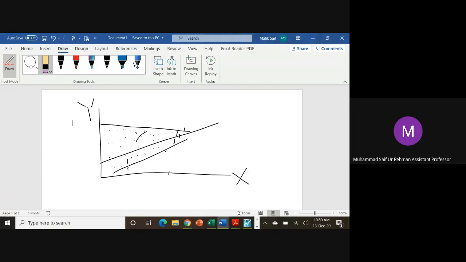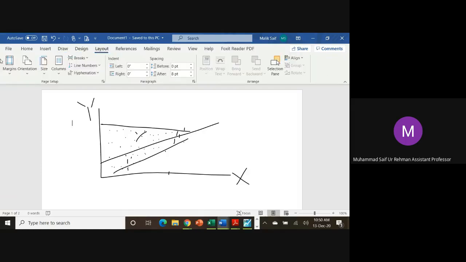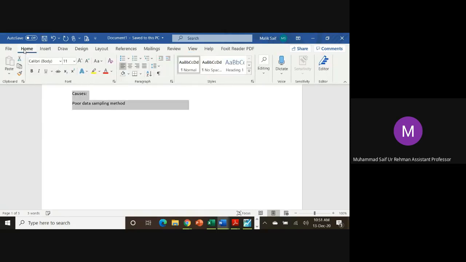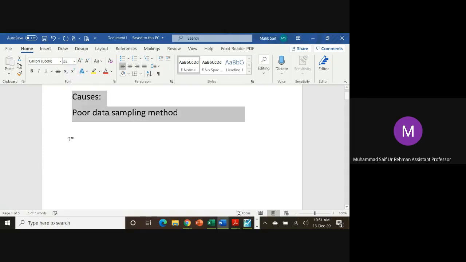Poor data sampling. Why does it arise in the data?